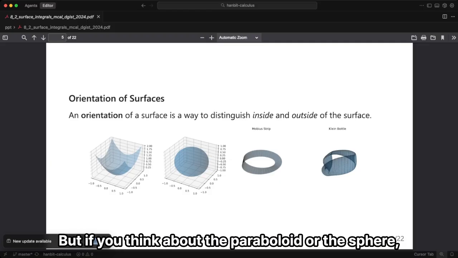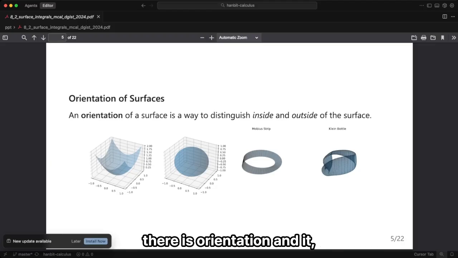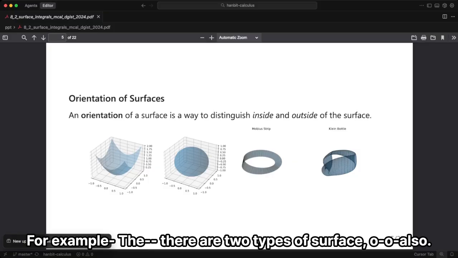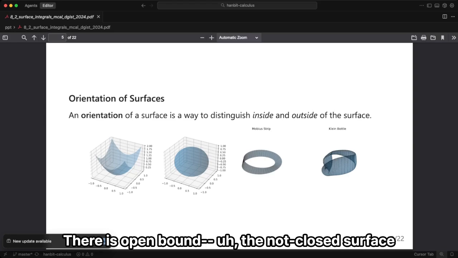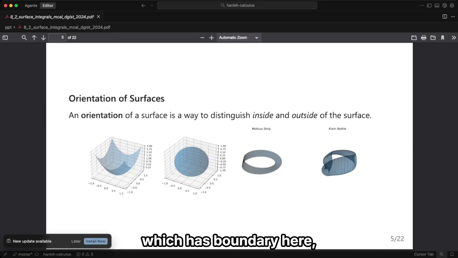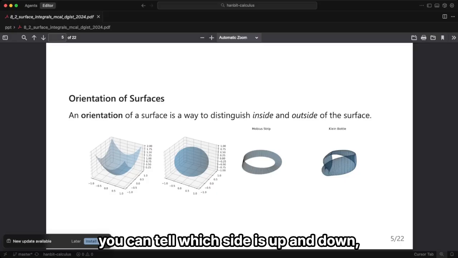But if you think about the paraboloid or the sphere, there is an orientation, and they are surfaces on which you can put an orientation. There are also two types of surface. There are closed surfaces, which have no end or boundary. There are open surfaces, the not-closed surfaces, which have a boundary. Even if it has a boundary, you can tell which side is up and down. In this case, you can say this is up and this is down.